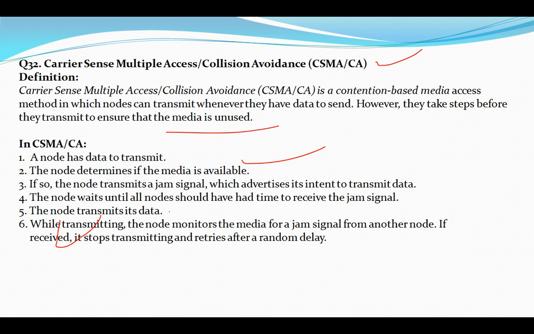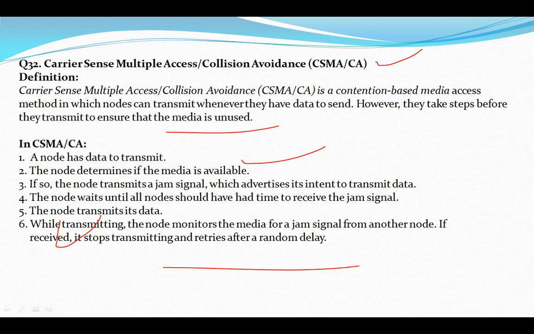So it will send to all the computers and they will send acknowledgement back to this computer. If they say there is nothing to send from the rest of the computers, then only it will start transmitting the data. While transmitting, the node monitors the media for a jam signal from another node. If received, it will stop transmitting and retry after a random delay.